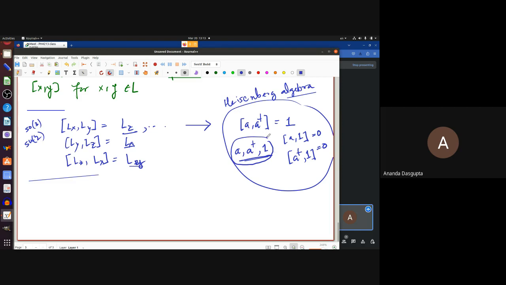But if you form brackets of any such 2 elements, not just the basis elements, but any element, alpha A plus beta A dagger plus gamma times 1, commutator with alpha prime A plus beta prime A dagger plus gamma prime 1, what is the value of this bracket?